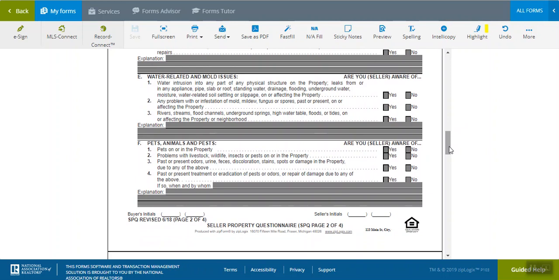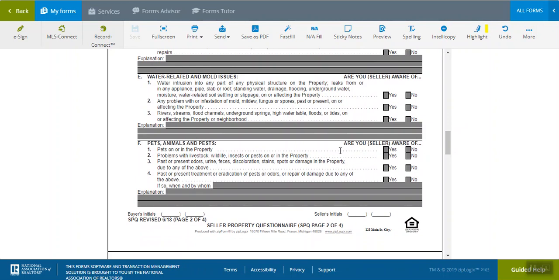The next part are 3 questions on water and mold related issues and whether the seller is aware of any water intrusion, mold, or floods in the neighborhood affecting the property. If any questions were answered yes, the seller needs to give an explanation. The next portion asks about pets and pests and whether the seller had any or is aware of any.